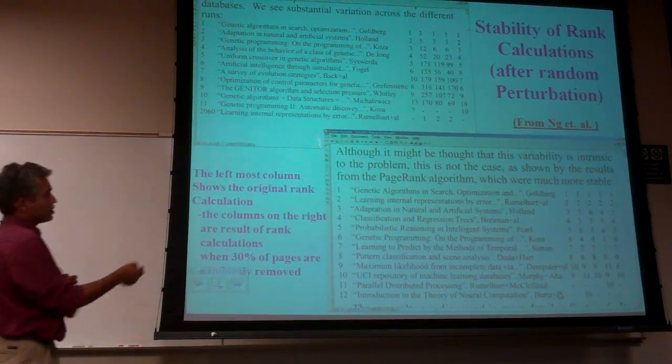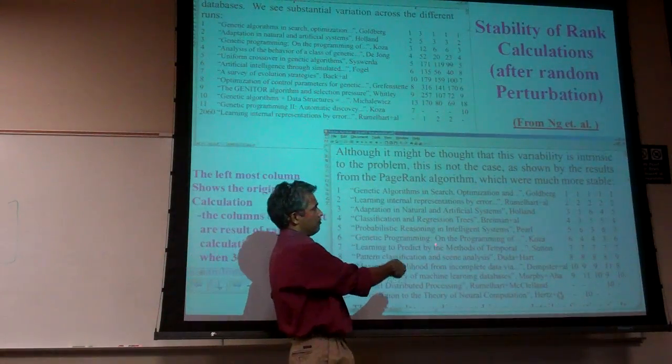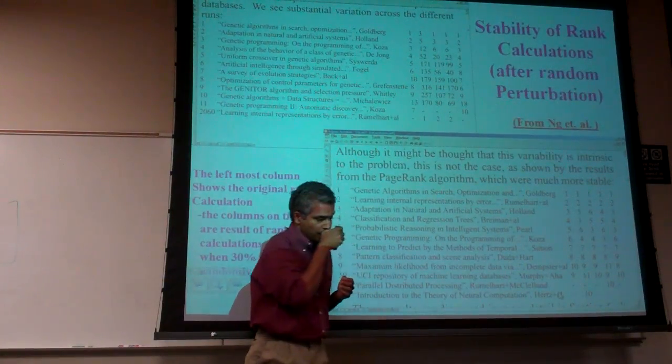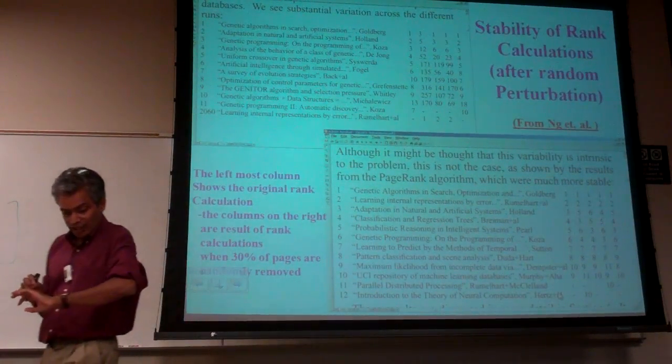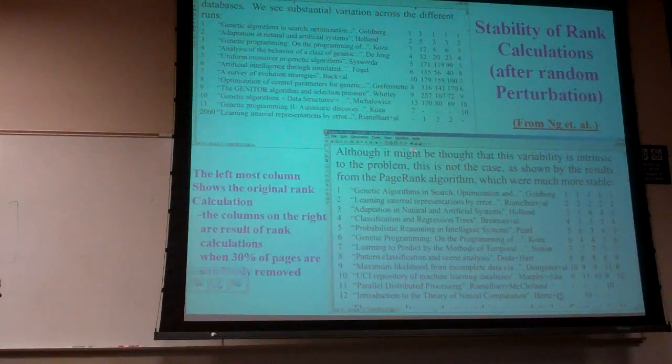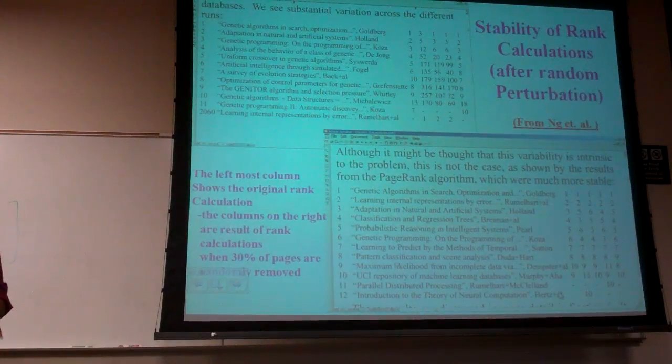And in fact, even though I mostly told you this whole thing in an anecdotal way, there are papers which actually looked at the stability of the PageRank method and the authorities hubs method.